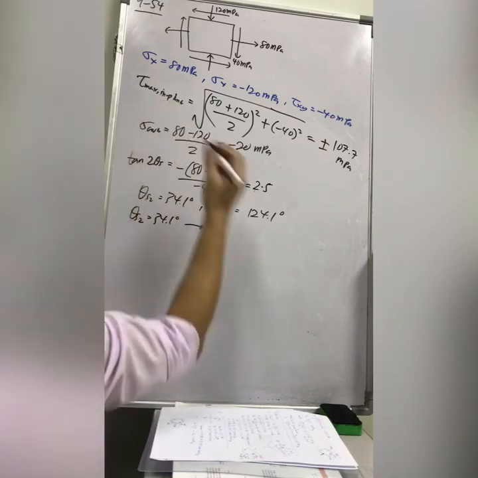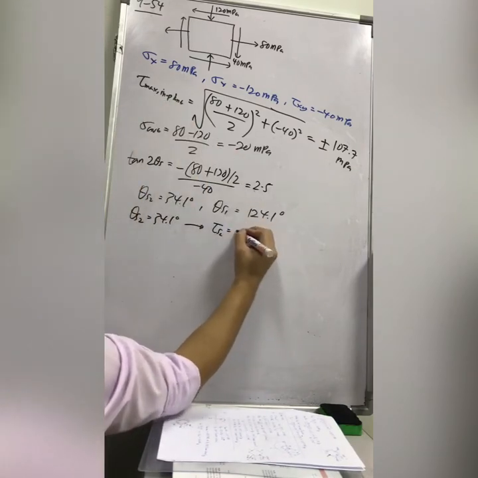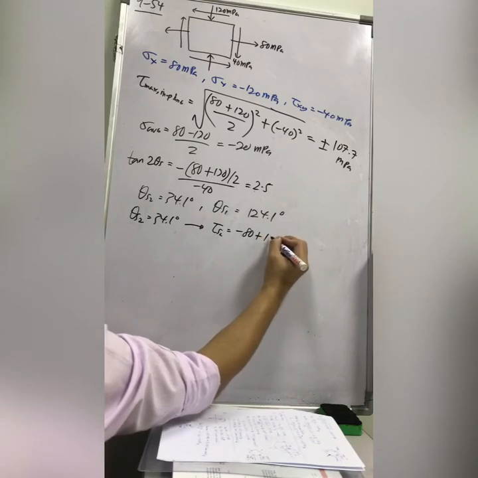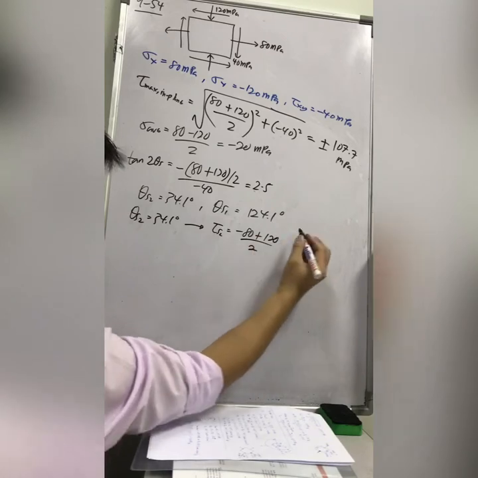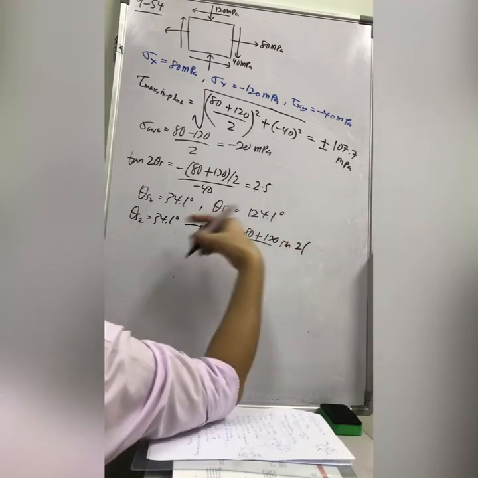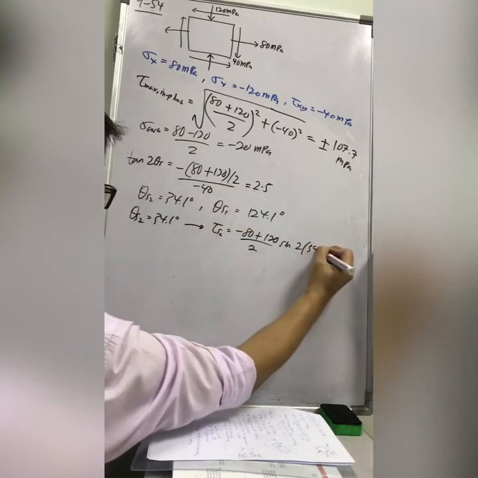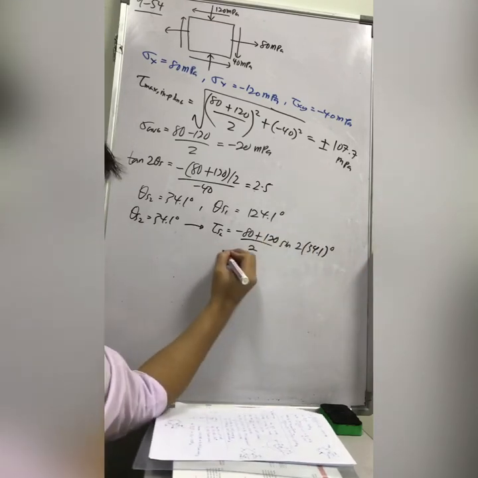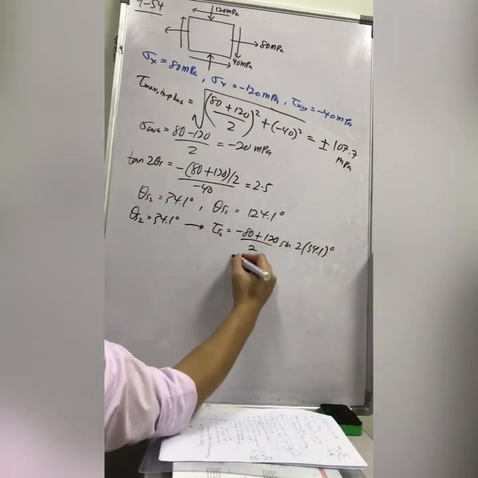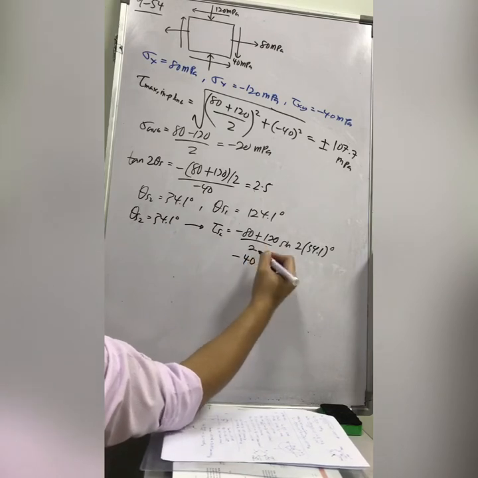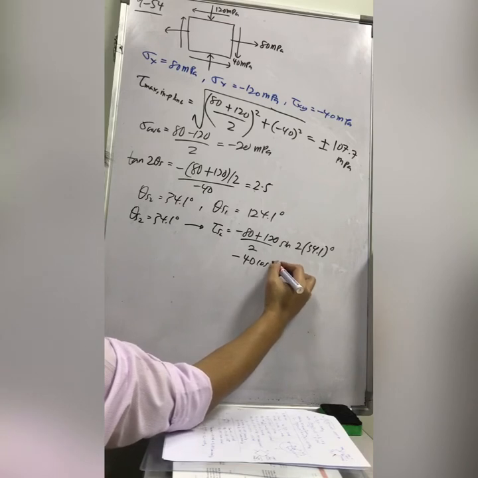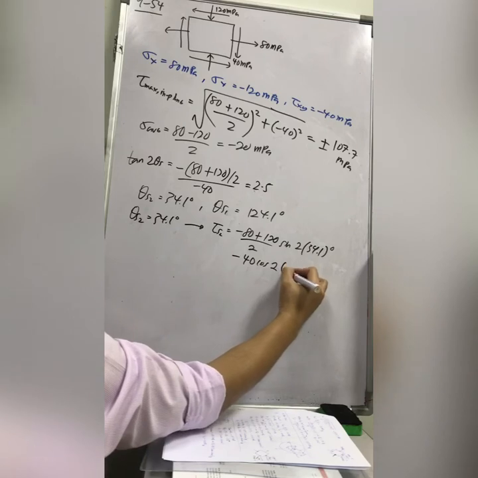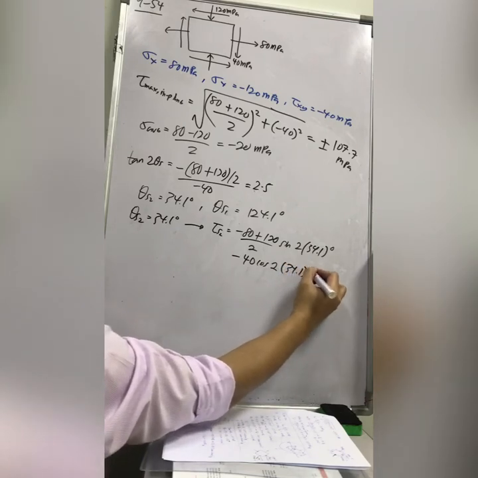Okay, this one, tau max equals minus sigma x minus sigma y, divided by 2, sine 2 theta, which is 34.1, plus tau xy cosine 2 theta, which is 34.1 degree.